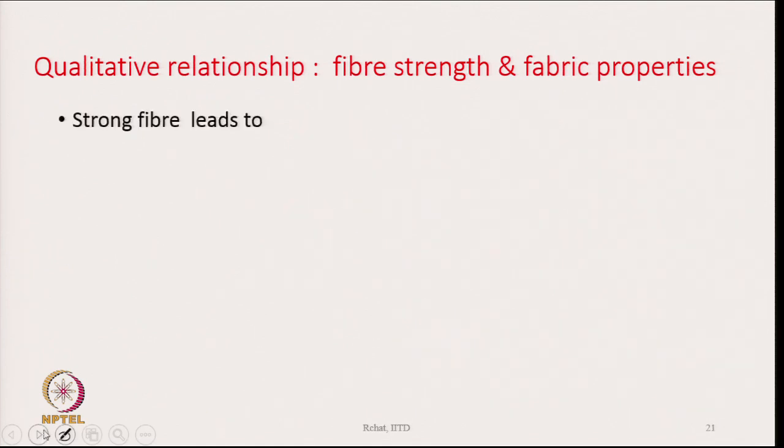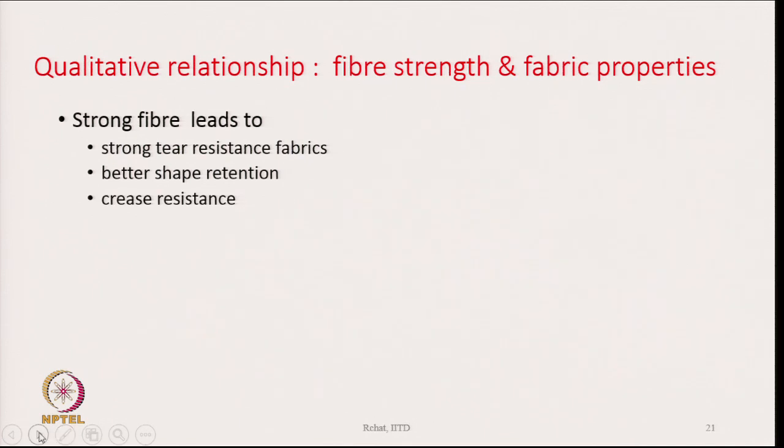Now, the quantitative relationship between fiber strength and fabric: a strong fiber leads to a strong, tear resistant fabric. These are very simple, straightforwardly connected. If I want a strong fabric, I have to choose a strong fiber. There is better shape retention when the fibers are strong, because they will not extend easily.